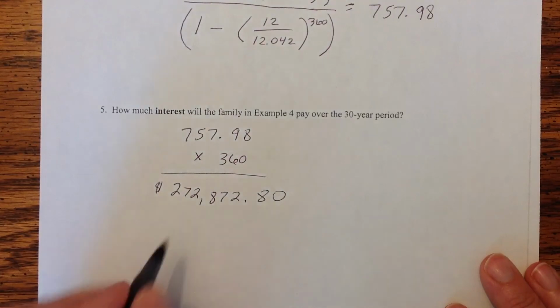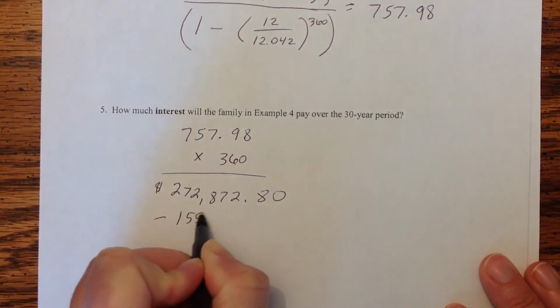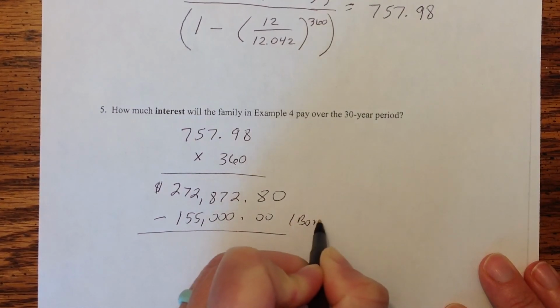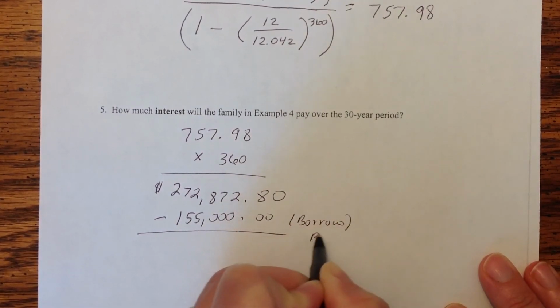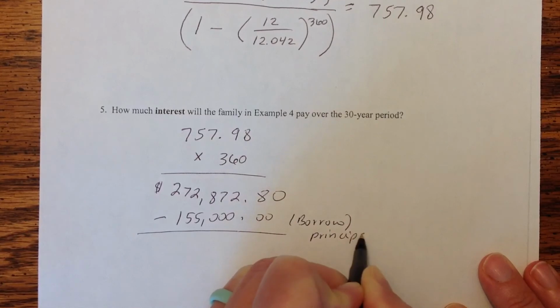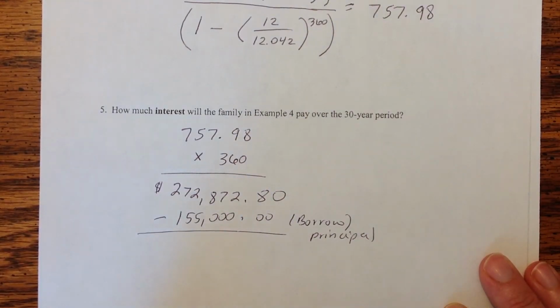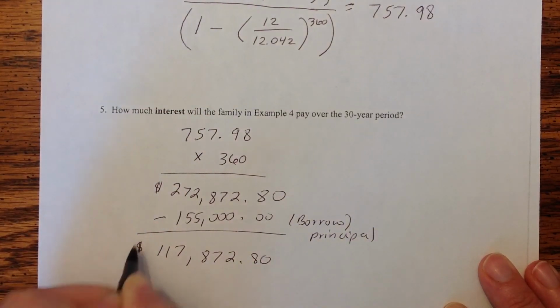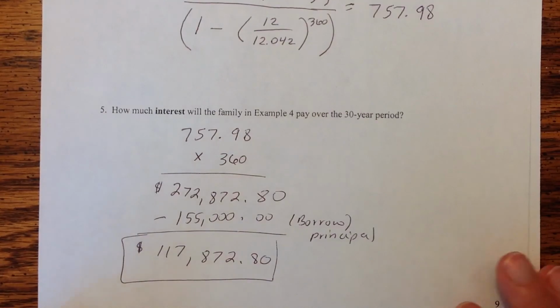Then you subtract what you borrowed. So they borrowed $155,000. Right? So again, you subtract what you borrow, or you subtract the principal. And you get $117,872.80 is what they would have paid in interest.